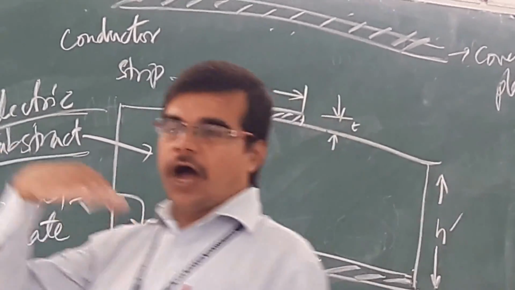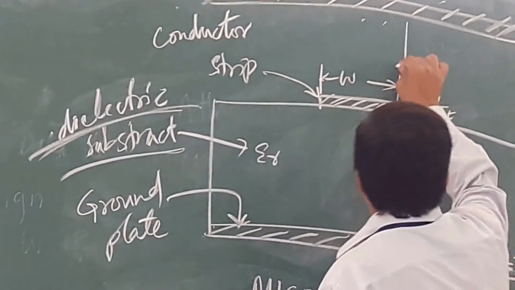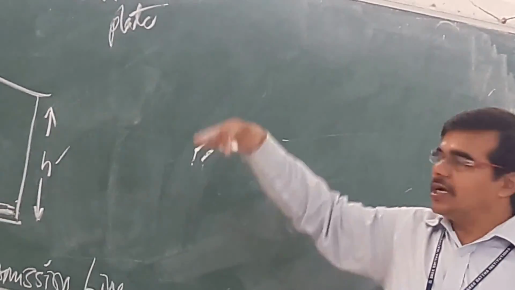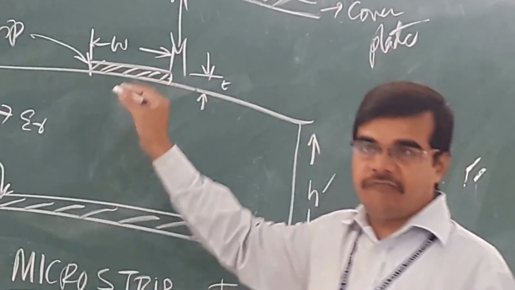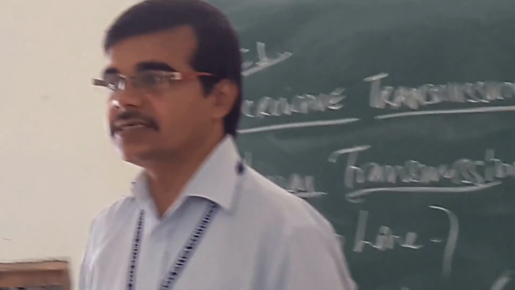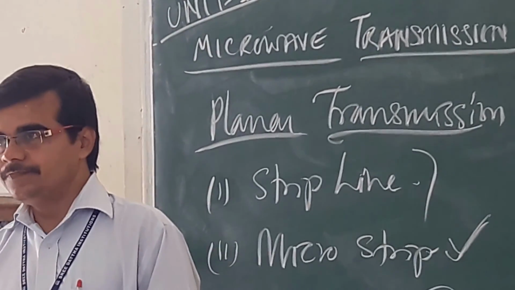So we are using a cover plate on the top of your conductor strip, but there should be some distance from that. It should be at such a distance that it should not affect the field lines. Field lines means your magnetic field and your electric field.